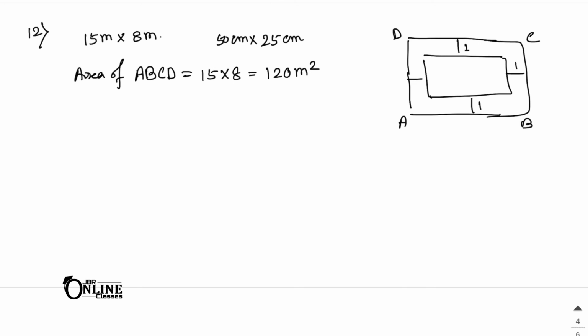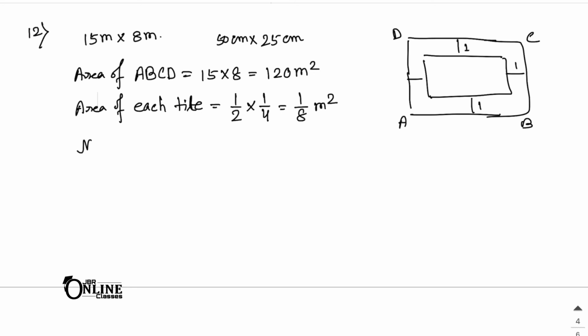Very good. Now next, the measurement of the tiles is 50 centimeter and 25 centimeter. So the area of each tile, first you have to convert this centimeter into meter. So first one will be half meter and second one will be 1 by 4 meter, so that equal to 1 by 8 meter square.